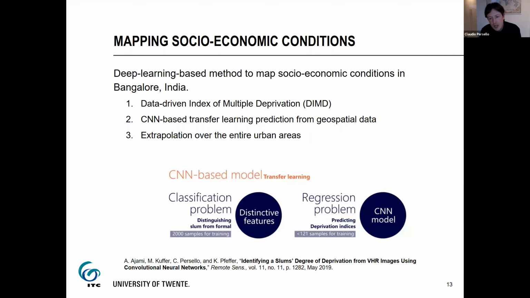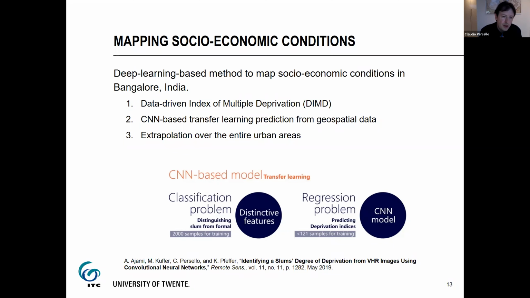The first problem that we had to address is how can we characterize the deprivation, and we have done this by developing a data-driven index of multiple deprivation that takes into account all these different forms of deprivation and combines a large set of variables into one single index.